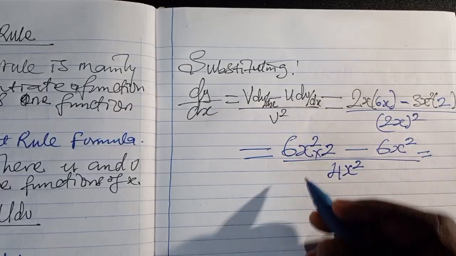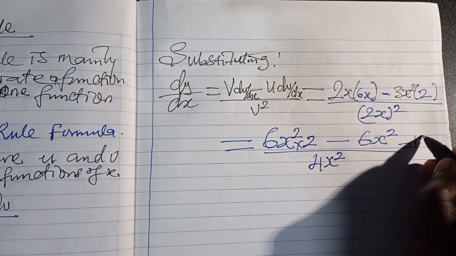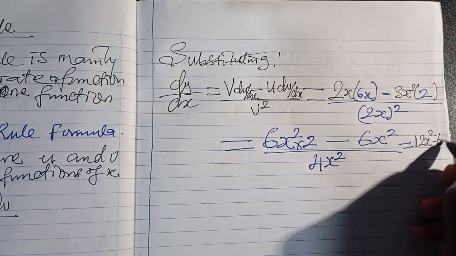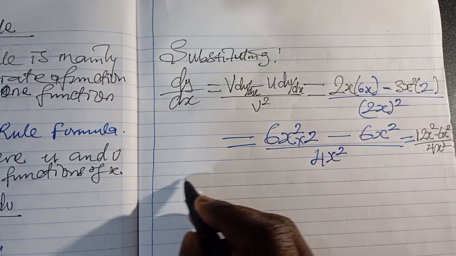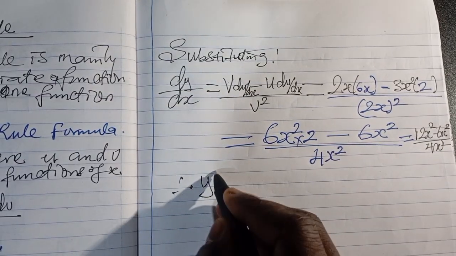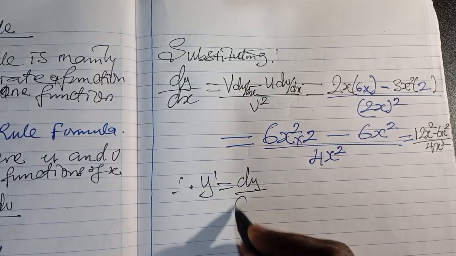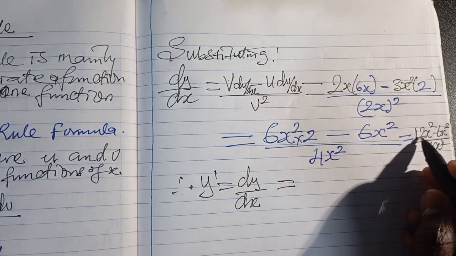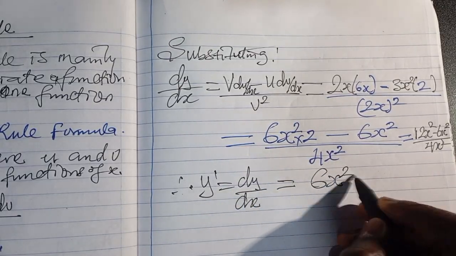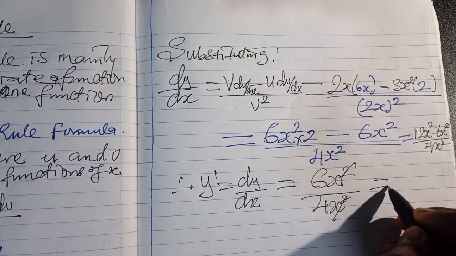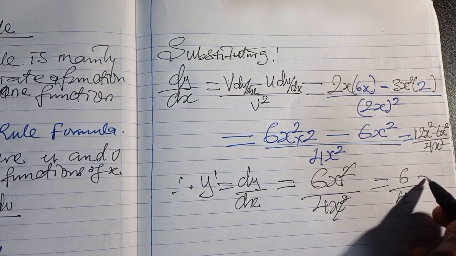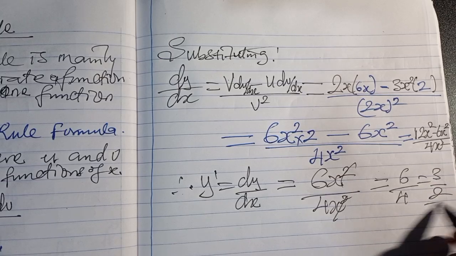So I can have 12x squared minus 6x squared divided by 4x squared. Therefore, y prime, which is dy/dx, is equal to 6x raised to power 2 divided by 4x raised to power 2. This can go. You have 6 over 4, which is the same as 3 over 2.